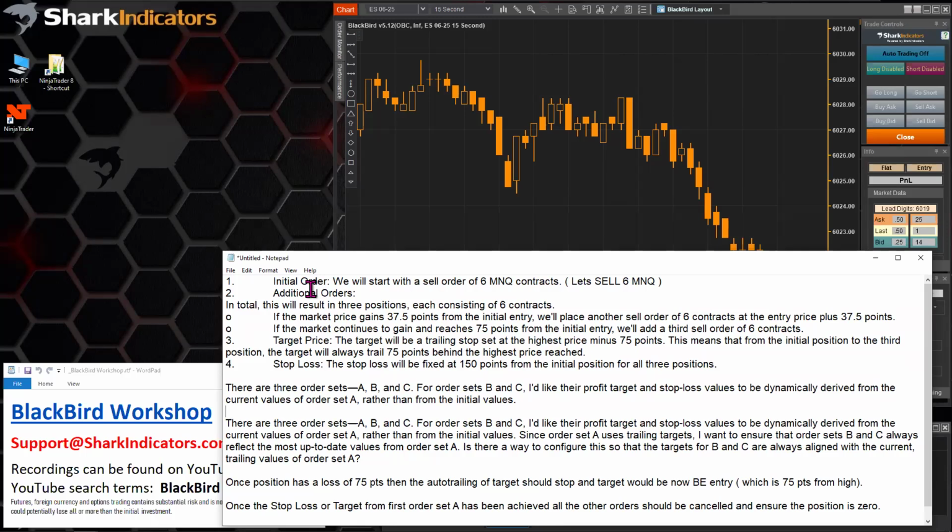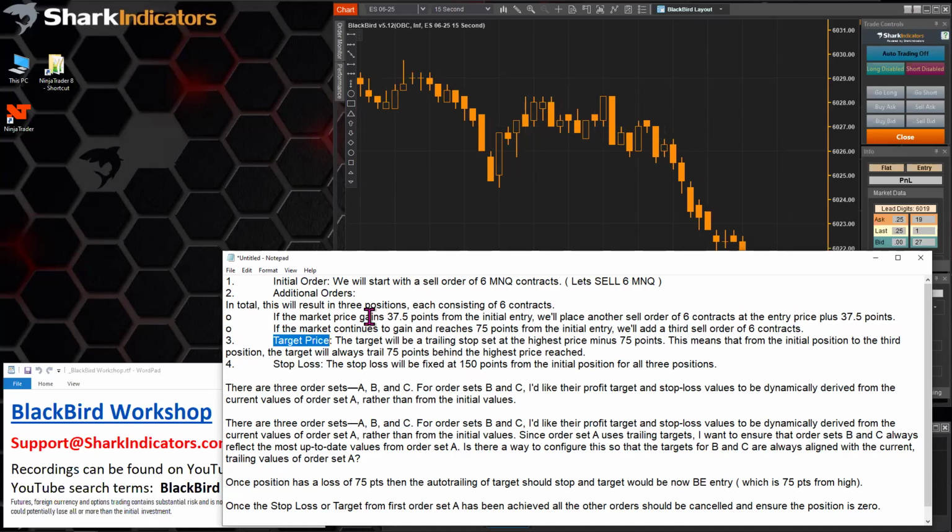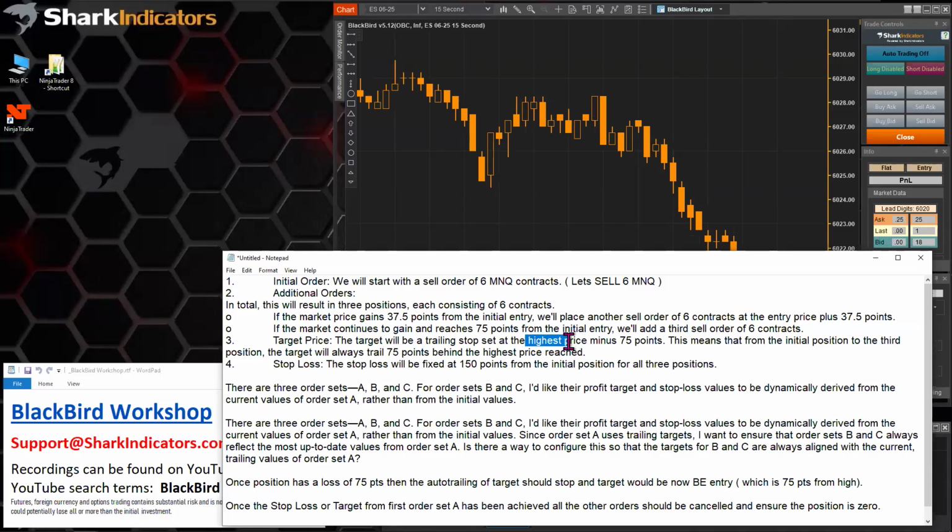Essentially this is a cost averaging in system with automatically adjusting profit targets based on, well, not necessarily the changing average entry price when cost averaging in, but actually the target is automatically adjusting based on price, based on where the market goes there.